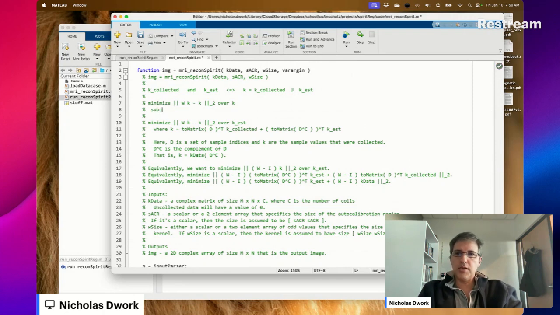But we're going to impose a constraint subject to, let's see, the L2 norm of dk minus d, where d is the set of sample indices. Right, okay, so dk minus k collected less than or equal to an epsilon.